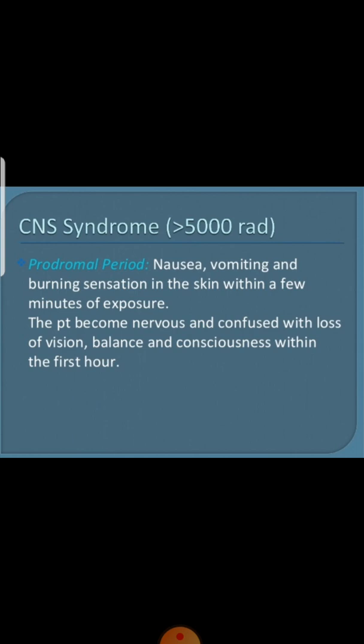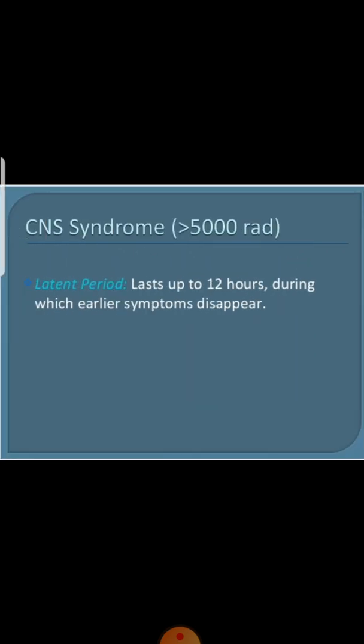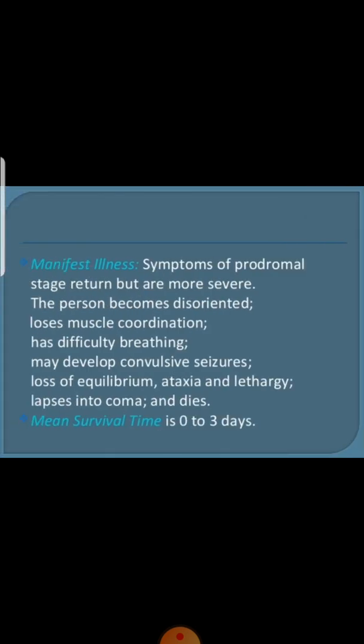The next will be the latent period that will last up to 12 hours, during which the earlier symptoms may subside. Next is the manifest period, during which the symptoms of the prodromal stage will return, but they will be more severe in this period, and the person will become disoriented, and there will be loss of muscle coordination.